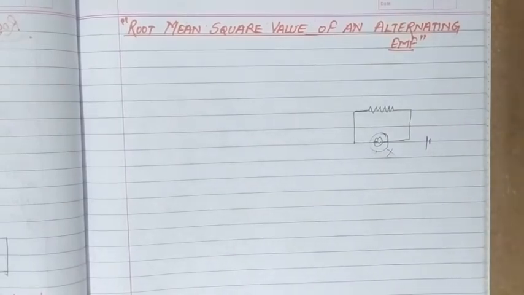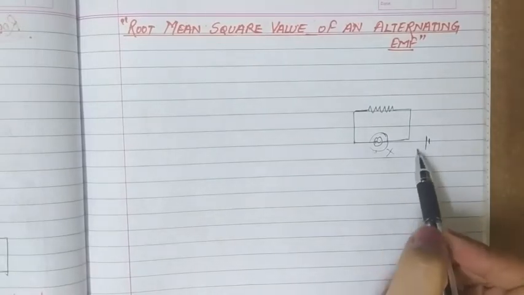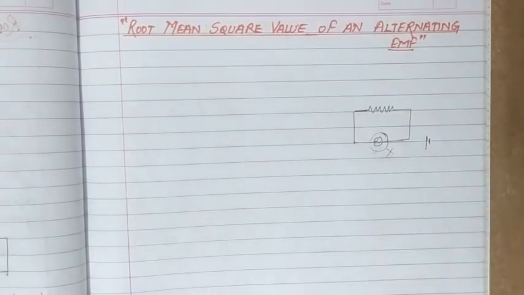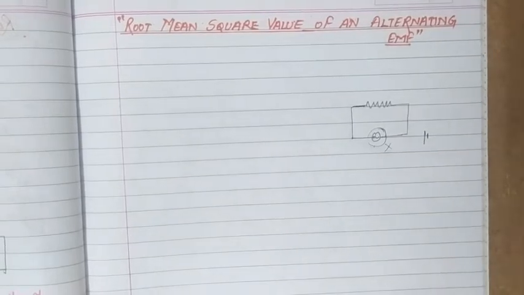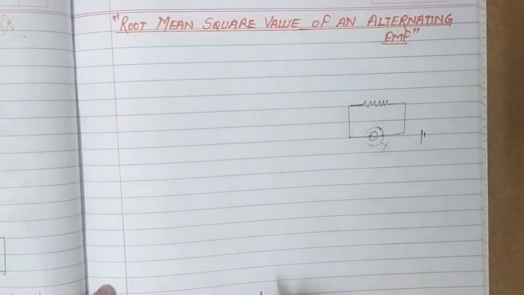So the steady voltage that gives the same heat in the same time as the alternating EMF did is called the root mean square value of an alternating EMF.